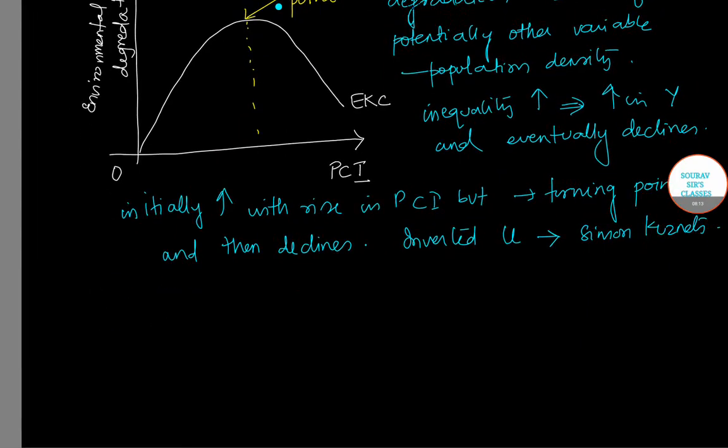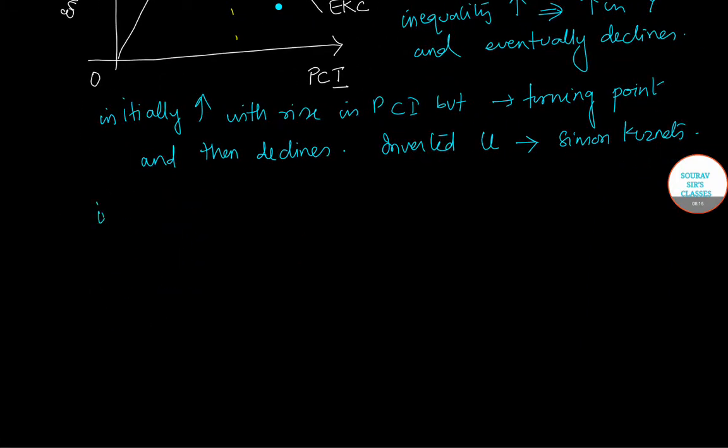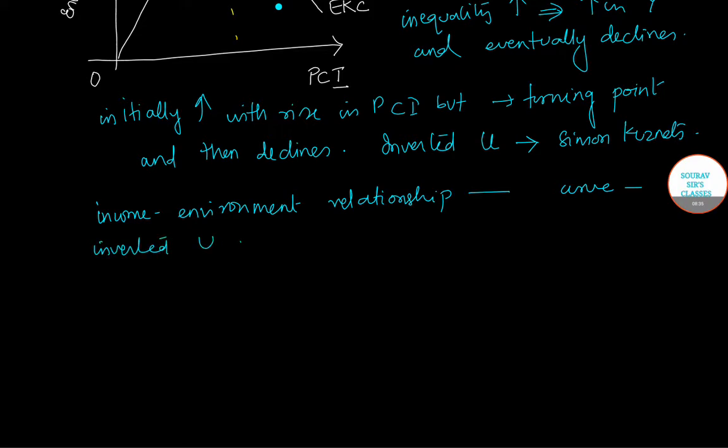Consequently, the income-environment relationship has been captured by a curve which looks like an inverted U and is known as the EKC, or environmental Kuznets curve, despite the fact that Kuznets has nothing to do with such curves.